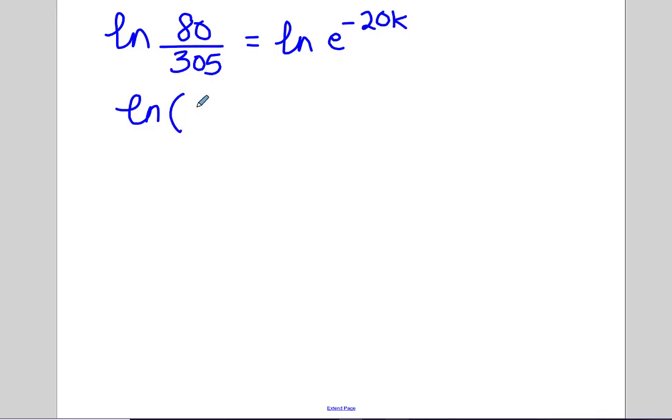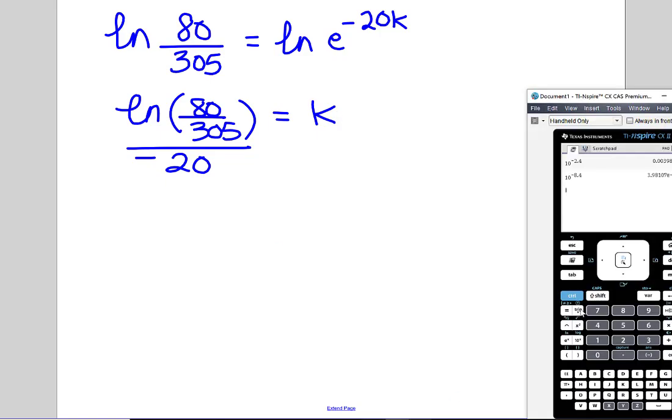And that would help us to find the k value. So we're dividing by negative 20, and that's giving us our k. So we're going to check that on the calculator. We're looking for the natural log of 80 divided by 305, and then that entire thing divided by negative 20 for our constant of variation.